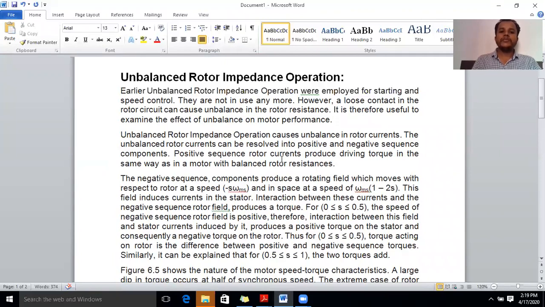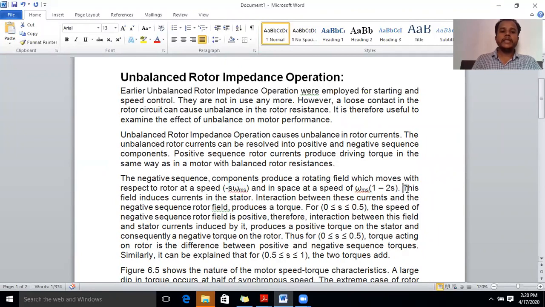Again, the negative sequence component produces a rotating field which moves with respect to the rotor at a speed of minus s omega ms, and in space at a speed of omega ms into (1 minus 2s).